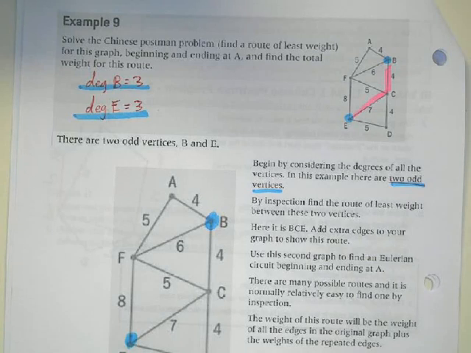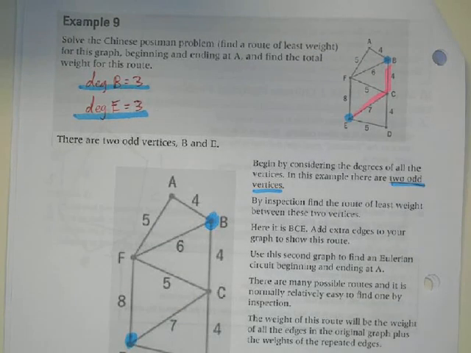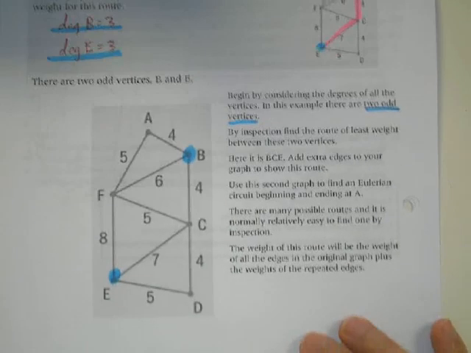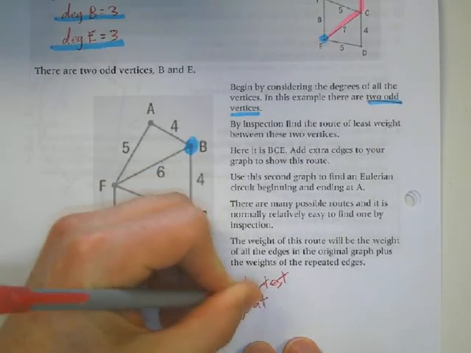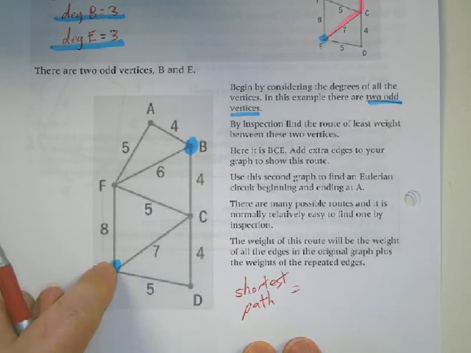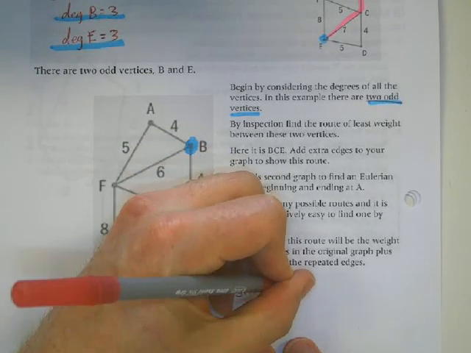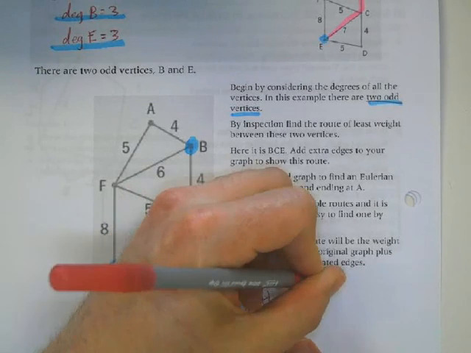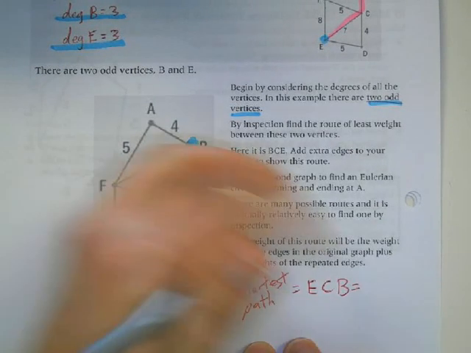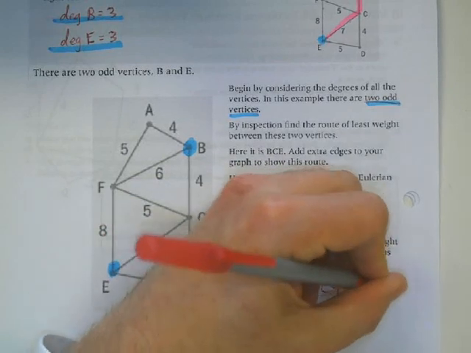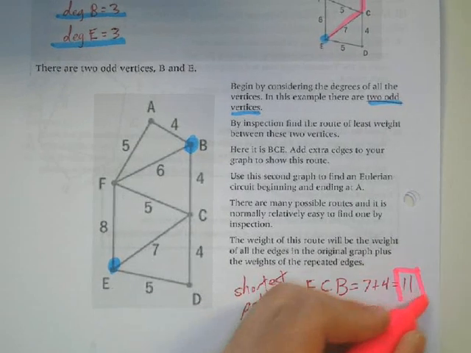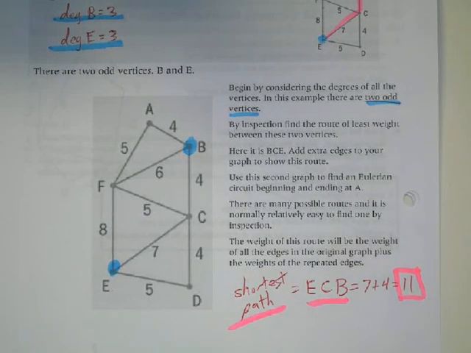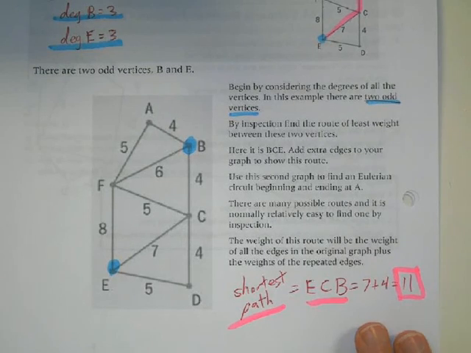So the shortest path is from E to C to B, which is 7 plus 4, which equals 11. I've been highlighting my shortest paths in pink. This is the path that we're going to have to repeat.